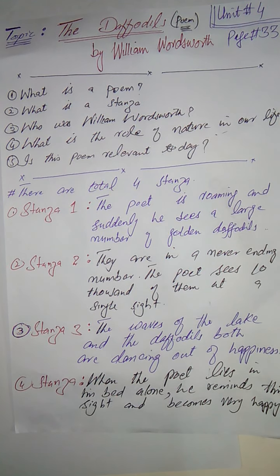It means that nature gives lots of happiness to William Wordsworth. Nature can teach you humility, discipline and many things. Besides that, it brings charm and beauty to this world as well. It beautifies our surroundings.